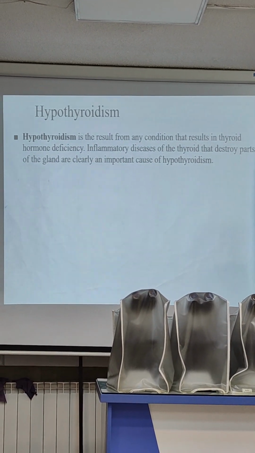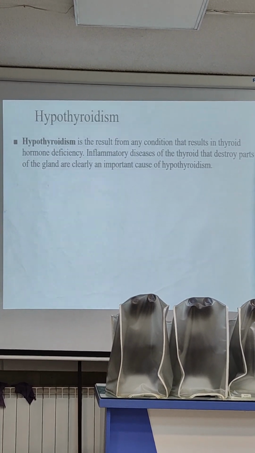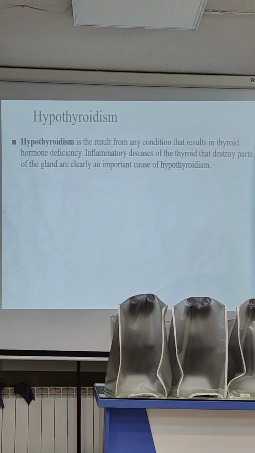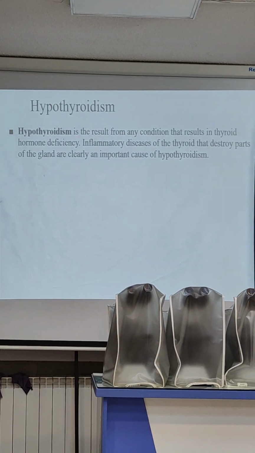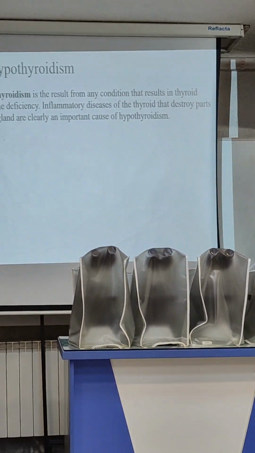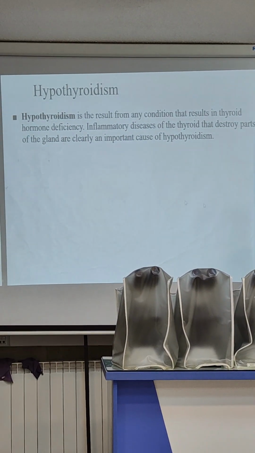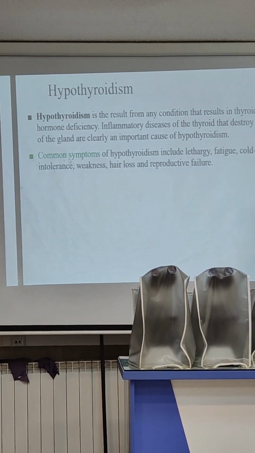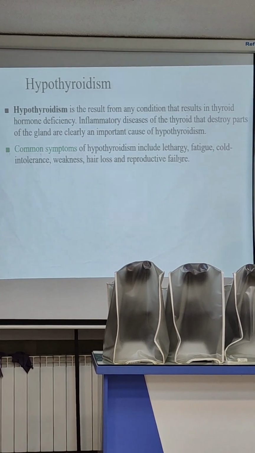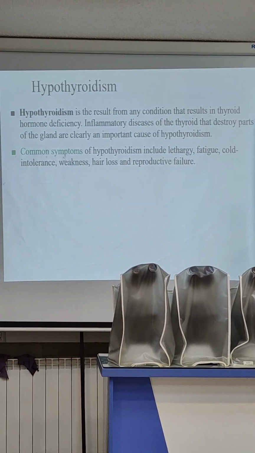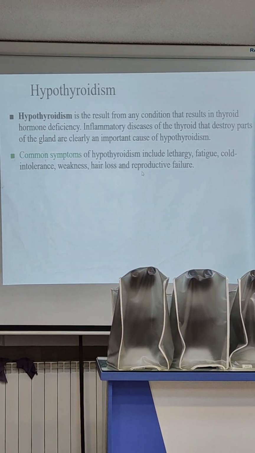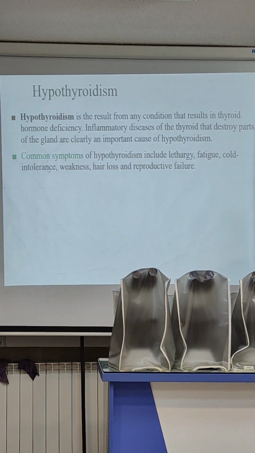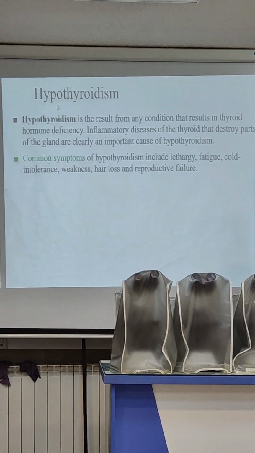During this process, our gland became damaged, so our gland cannot produce the appropriate amount of this hormone, and it can cause hypothyroidism. The common symptoms are lethargy, fatigue, cold intolerance, weakness, hair loss, and also reproductive failure. All of these symptoms are regarded as hypothyroidism.